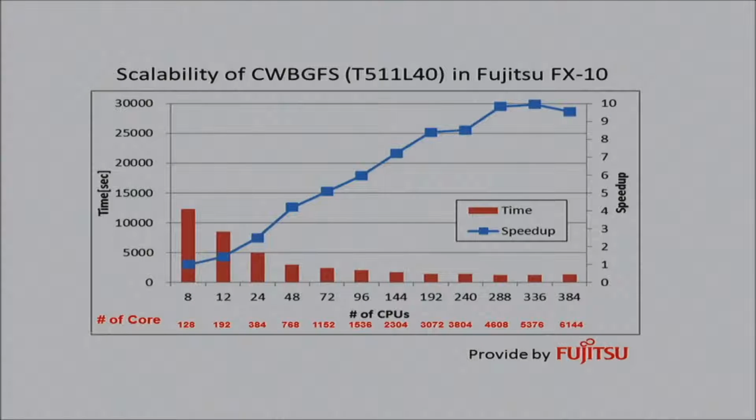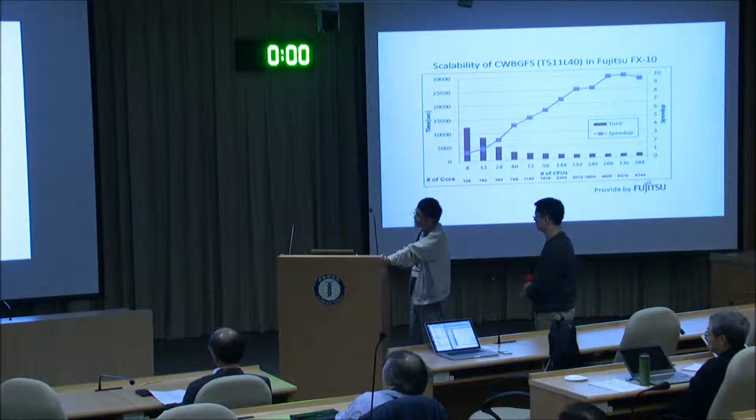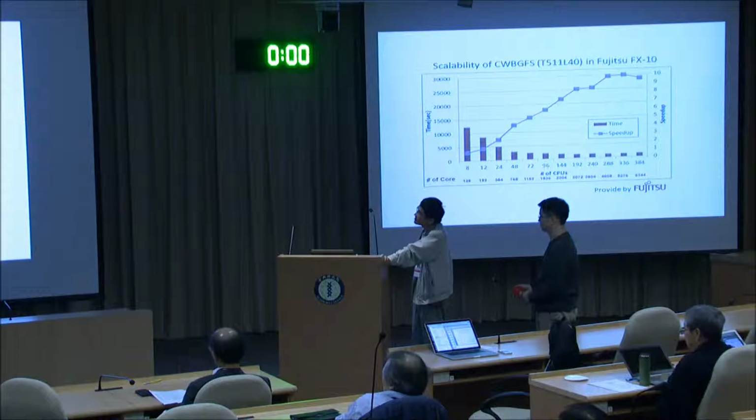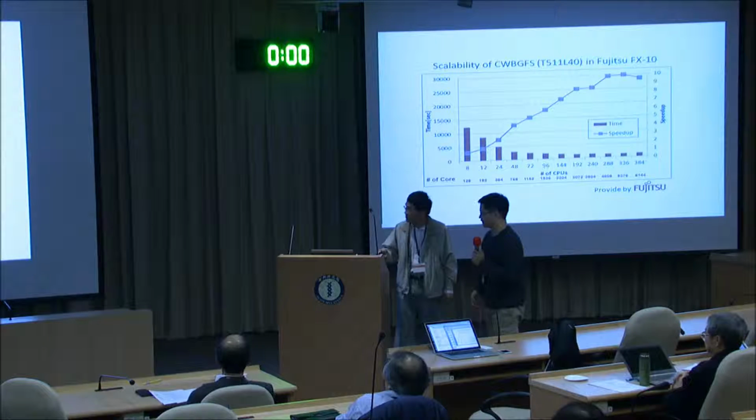You can see the speedup is quite good, and normally we use 384 cores, which can meet our requirement of about 5,000 seconds. So this HPC is quite good, I think. Okay, this is my presentation.